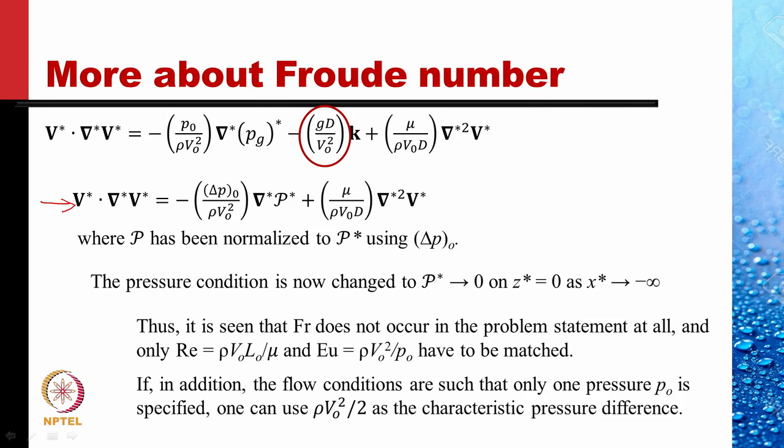If in addition the flow conditions are such that only one pressure P naught is specified in the problem statement, then we can use rho V naught squared by 2 as the characteristic pressure difference. This condition would be obtained in flows where there is no cavitation.